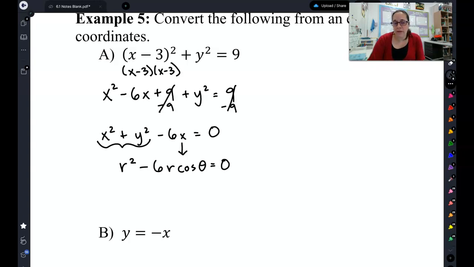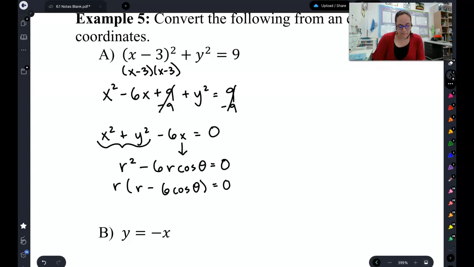So I do have things in terms of r and theta now, but I can also simplify this more. Because they both have an r in common, let's take that r out. And now that we took the r out, I can set them individually equal to 0.